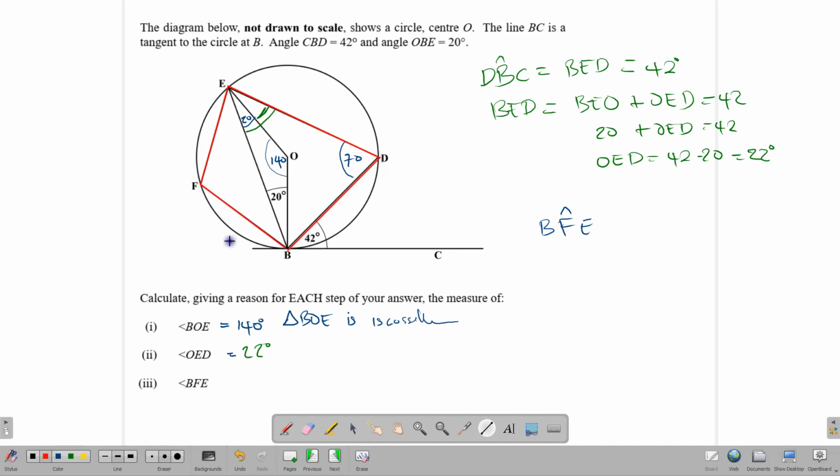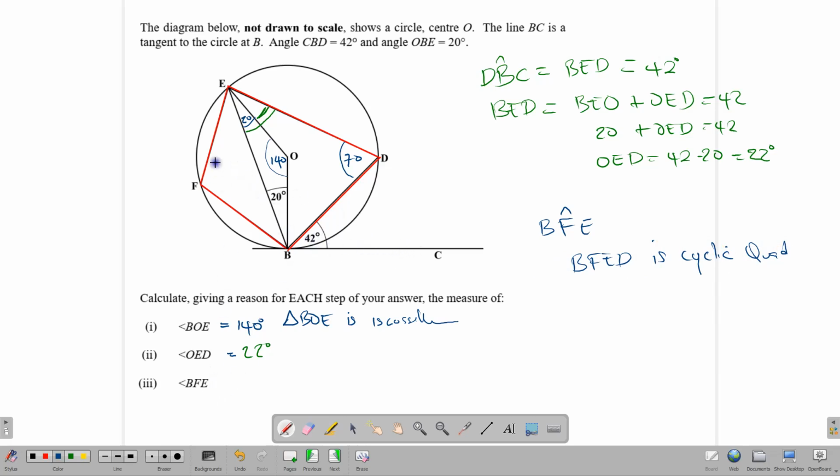All right, so in answering the question, BFED is cyclic. It's a cyclic quad. I'm not writing out the full sentence here. And because it's a cyclic quad, then opposite angles are supplementary.